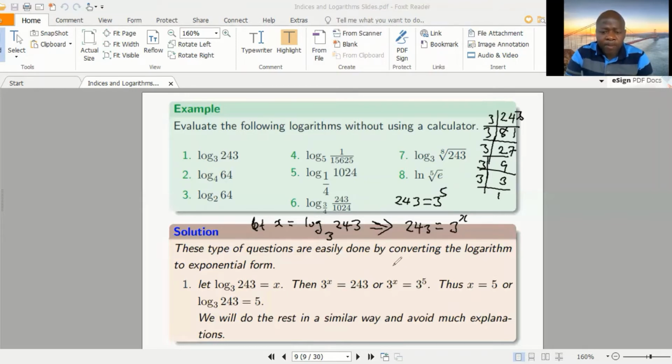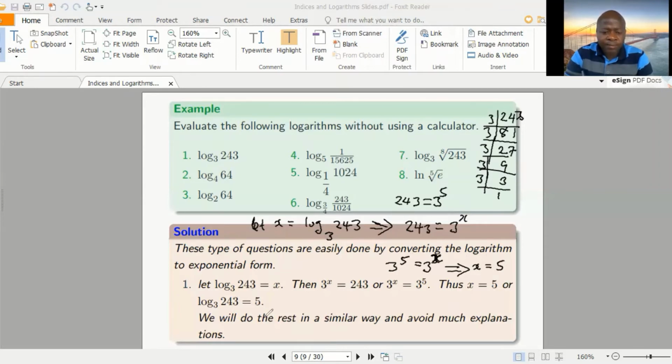So what I have is 3 raised to 5 equals 3 raised to x. When the bases are the same, then the powers are also the same. So that means x equals 5. When the bases are the same, 3 and 3, we can equate the powers.